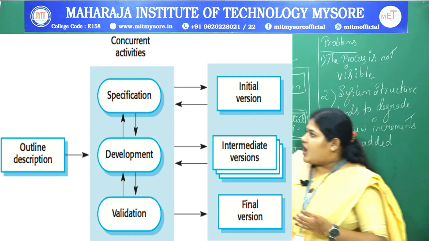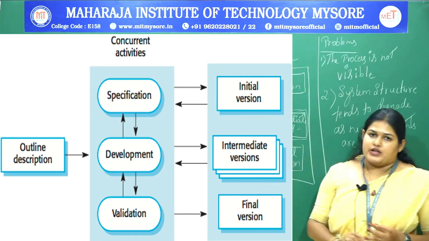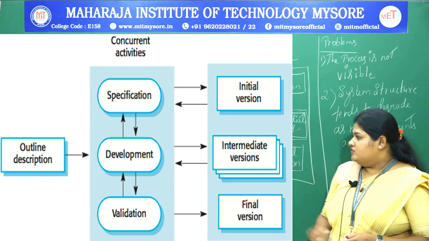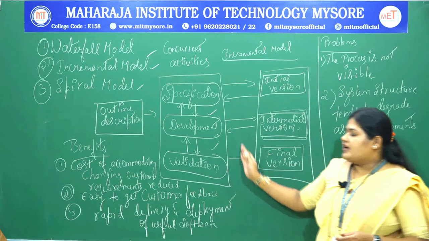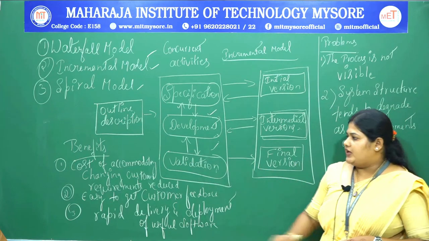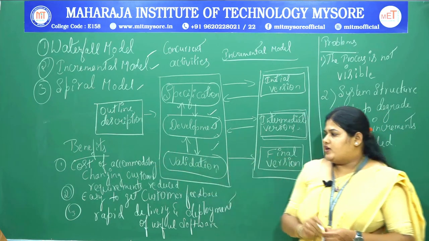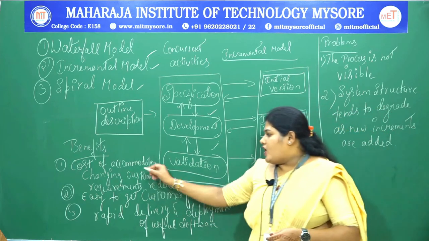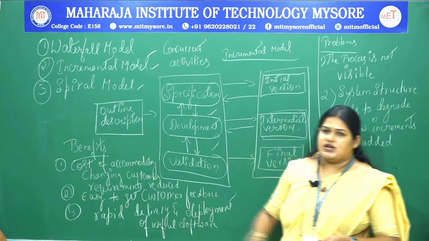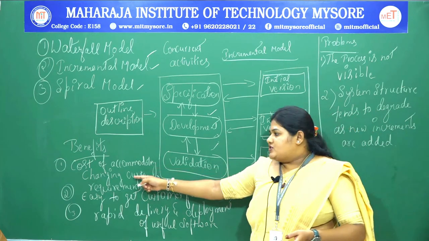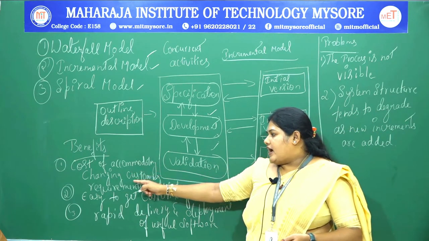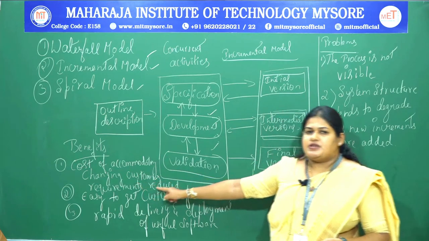So this is how the incremental model works. By seeing the diagram itself, we get some of the benefits. The very first is that the cost of accommodating changing customer requirements is reduced.